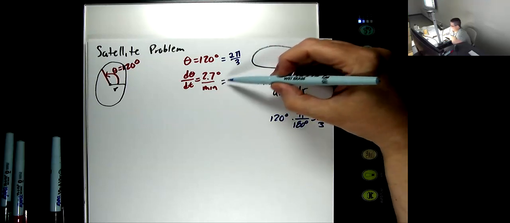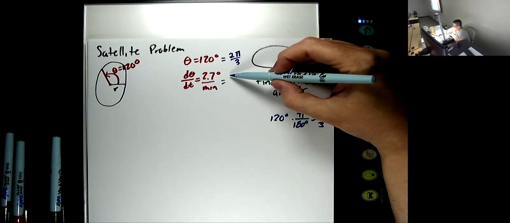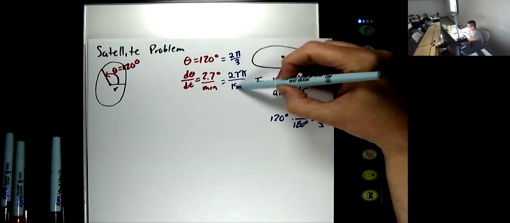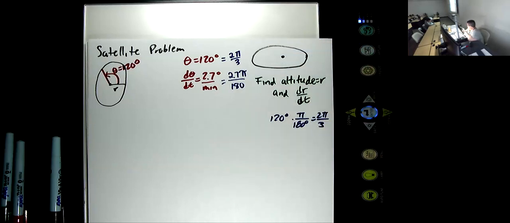This one doesn't get very friendly. 2.7 pi over 180. We'll need a decimal for it when we use it.